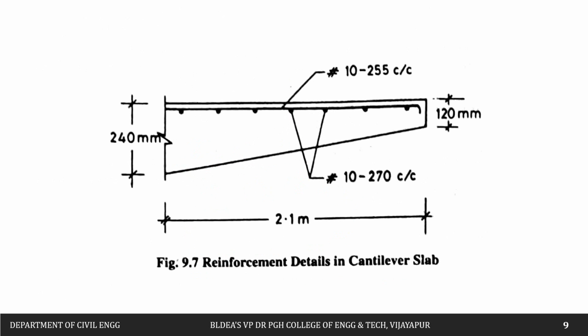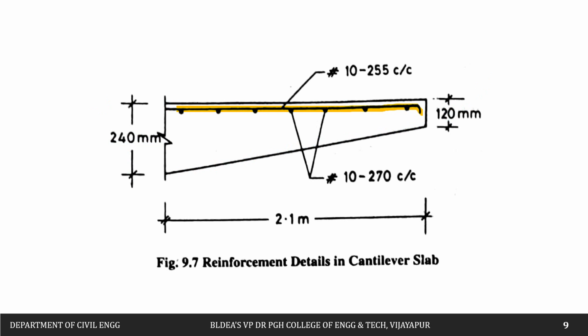Now this is the ultimate detailing that has to be done. You can see this is the tapered section. Near the supports we have provided 240 mm, and at the free end it is 120 mm. As it is a cantilever slab, proper care has to be taken that the reinforcement we have calculated is provided at the top.